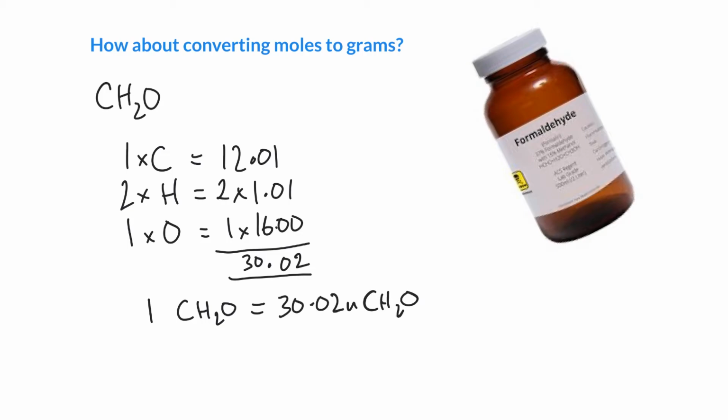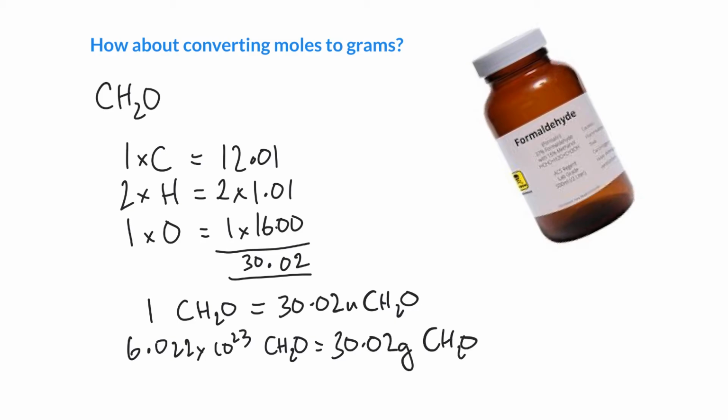That's relatively useless. It also tells us that Avogadro's number, 6 times 10 to the 23 molecules of CH2O, would weigh 30.02 grams of CH2O. And, oh, that's okay, I suppose. But, of course, 6 times 10 to the 23 is our friend the mole. So 1 mole of CH2O would weigh 30.02 grams.